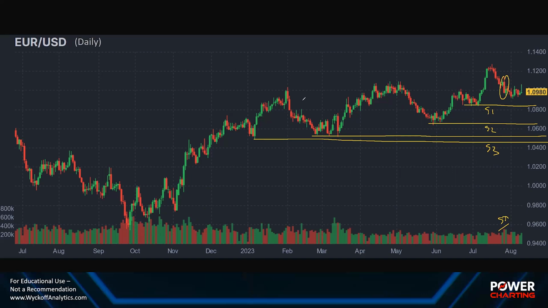The other part is I love the way in June and in July you had really good rally phases on expanding volume, widening spread, and making new highs. And I believe that those are all characteristics of a strong uptrend trying to resume itself.